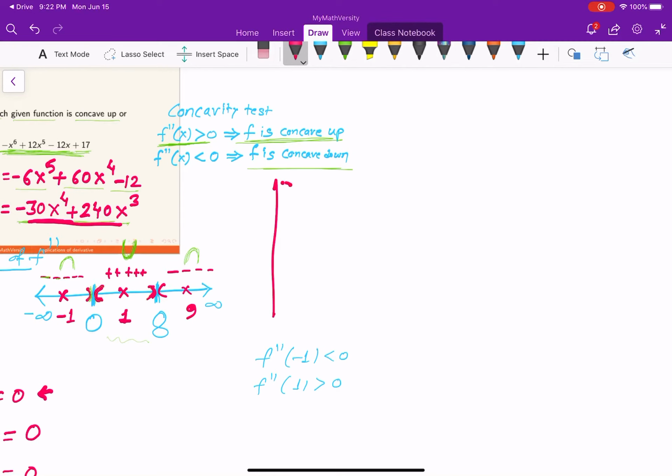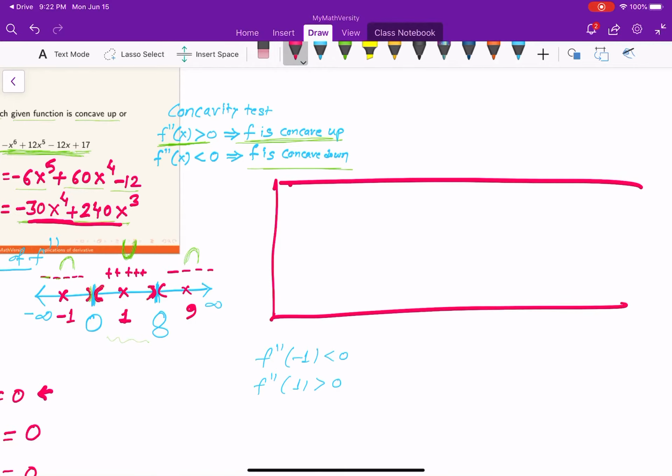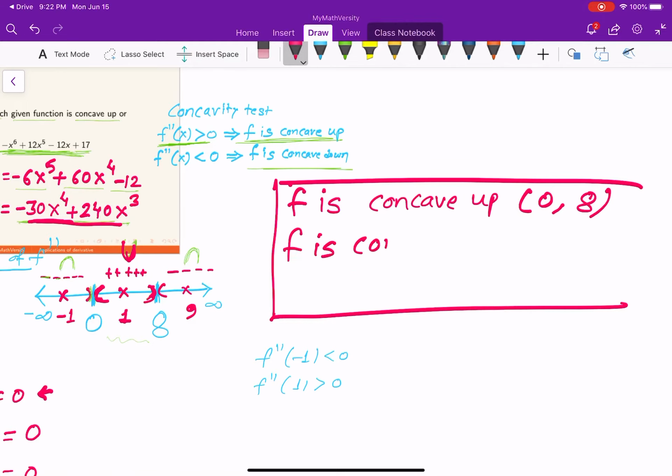So that summary I can write down right over here: f is concave up where we figured out the second derivative is positive, between 0 and 8. So let's write that down, between 0 and 8. And f is concave down. Where is it concave down? Wherever the second derivative is negative.